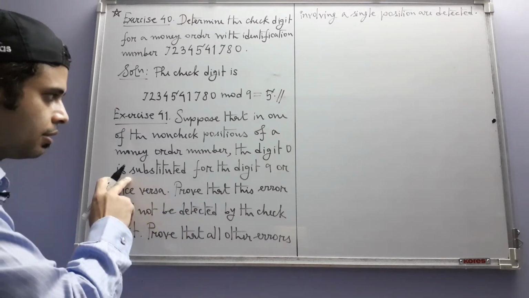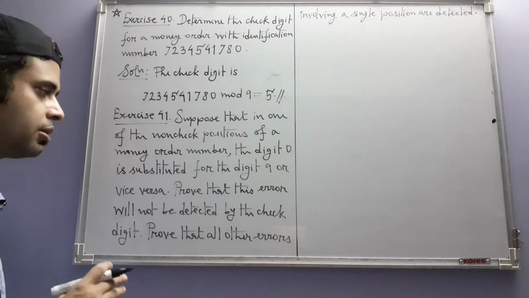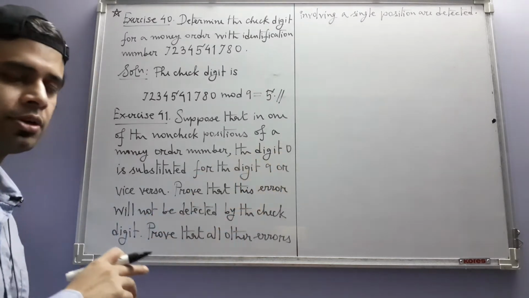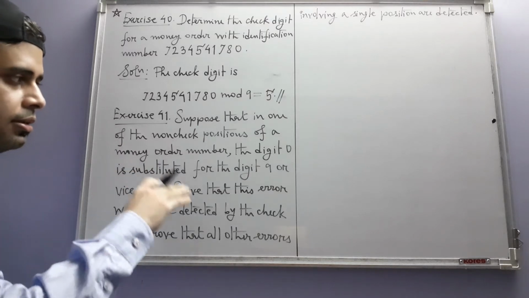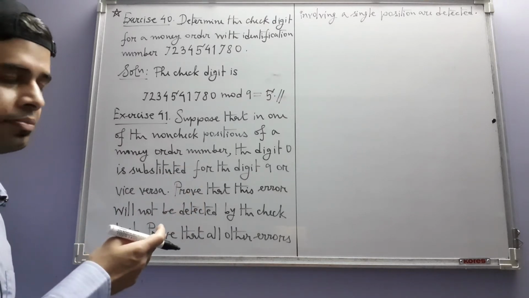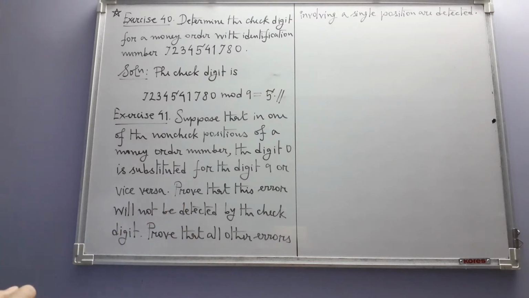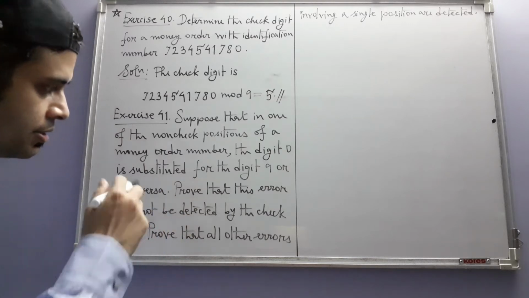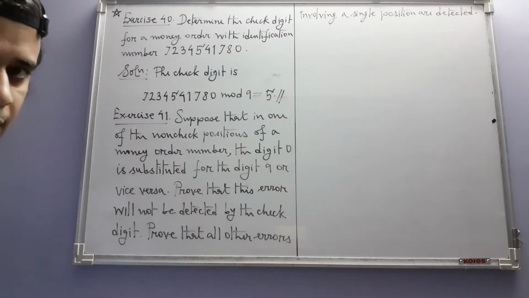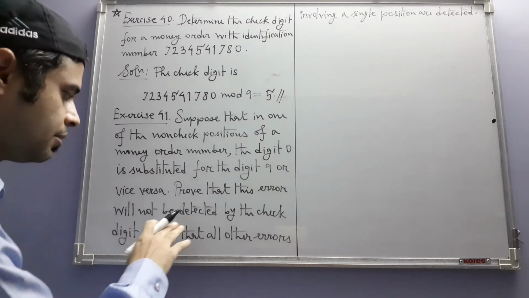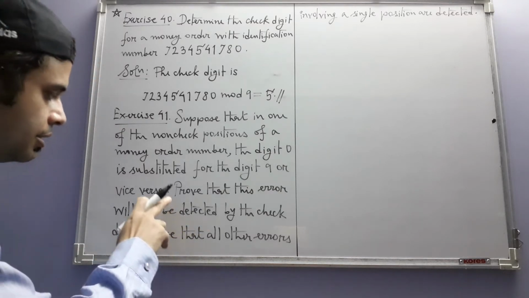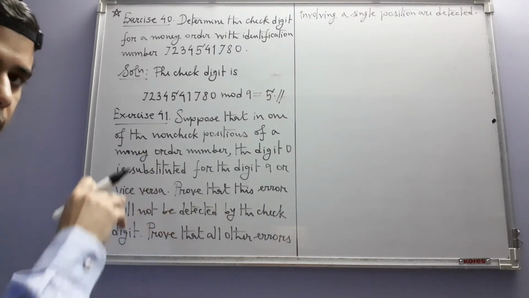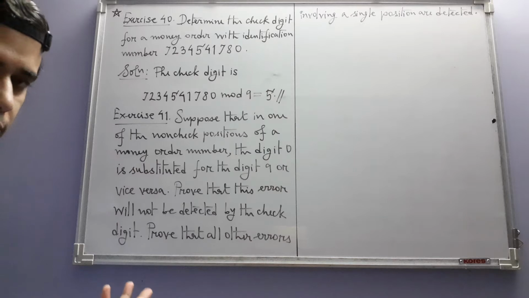So if in the non-check position, that is in the number itself, we write the digit 9 for 0, or if there is a 9, we write 0 in place of 9, then because we have changed the number, we have committed a mistake, there is an error. We have to prove that this error will not be detected by the check digit.